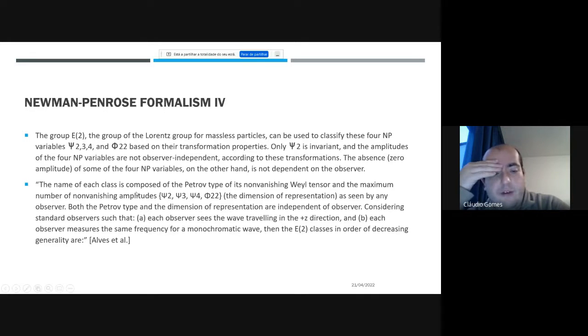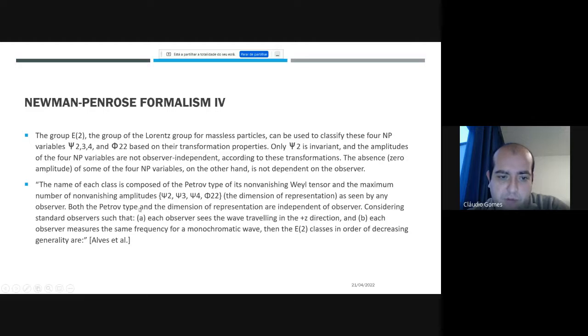And as it was observed by Eardley et al., the name of each class is composed of the Petrov type of its non-vanishing Weyl tensor, the maximum number of non-vanishing amplitudes, here these 4 NP quantities, and the dimension of the representation, as seen by any observer.